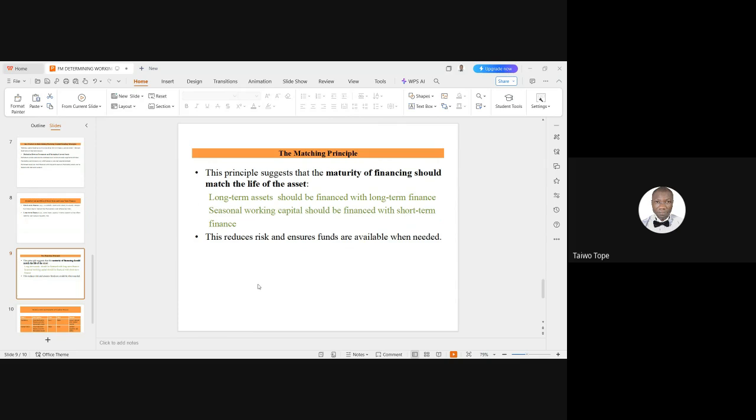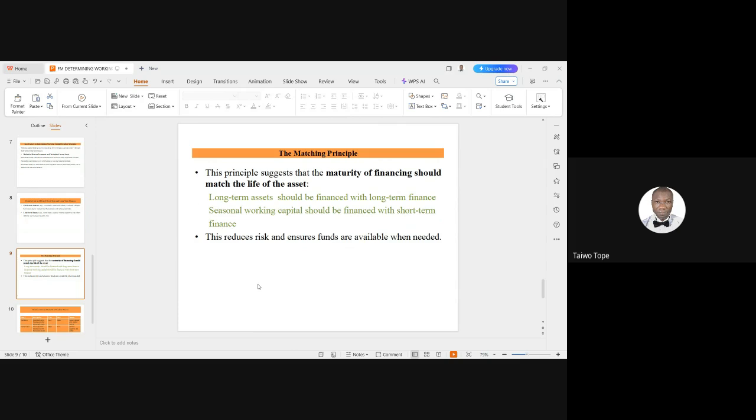So the point is this: businesses have to choose the right sources to finance their working capital, because managing working capital isn't just about how much to hold, it is also about how to finance it.